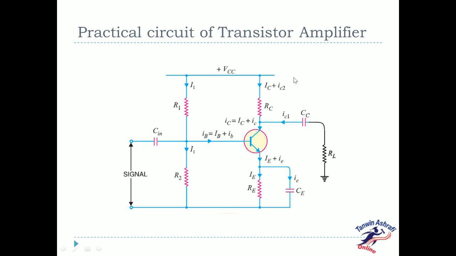This is because RC will come in parallel with the upper resistance R1 of the biasing circuit of the next stage, thereby altering its biasing. In short, the coupling capacitor CC isolates the DC of one stage from the next stage, but allows the AC signal to pass.